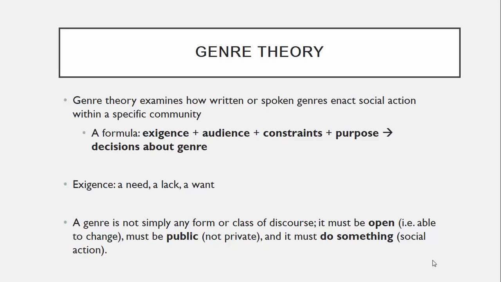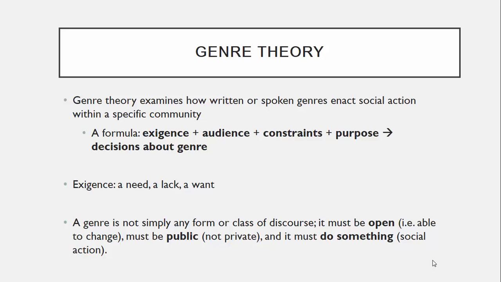So if you have to write to a professor to get them to give you an extension, there's something that, before you get to the purpose, is nudging you to need to communicate this message to that audience member. So then you have who you're writing for, you have the constraints. If we're talking about an email to a professor, there are rules in place.